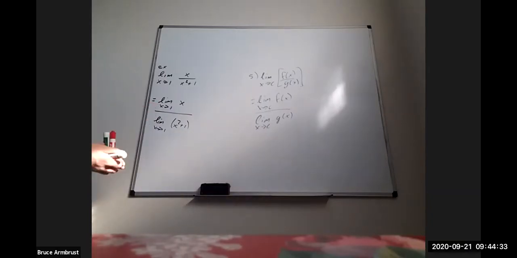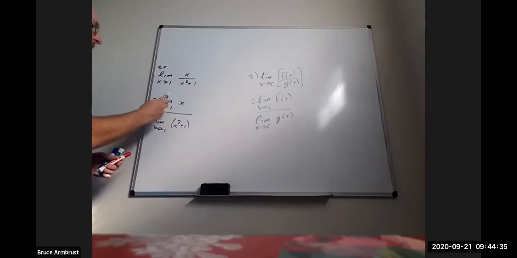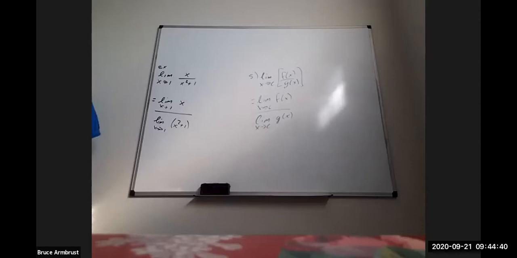Now, the one on top, I'm just going to leave it for right now because we can evaluate it. This is, what is it? I think the second of the laws that I gave you, right? The limit as x approaches c of x. We know what to do with that. So let's keep going with the one on the bottom.